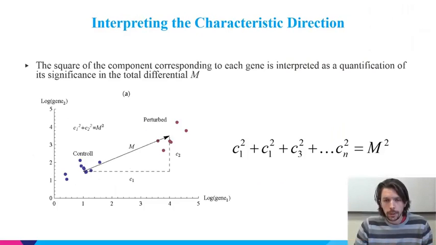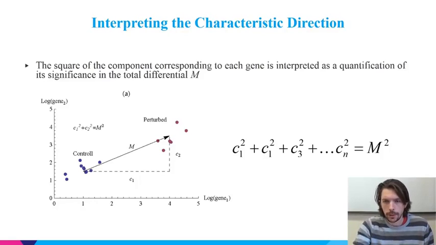The final thing we're going to want to do once we've calculated the direction is to interpret it in terms of the genes at the gene level. The way we do this is we use a high-dimensional version of Pythagoras' theorem. Now the total differential expression, illustrated here with the letter m, the square of m can be expressed as the sum of the squares of all the components of the characteristic direction vector.